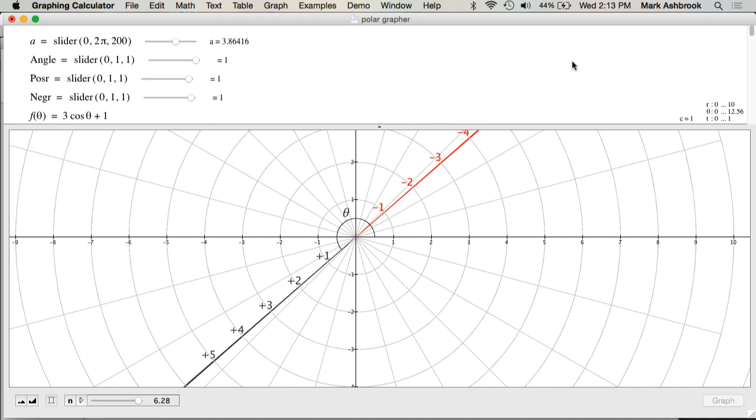You should be looking right there. The angle takes us this way for positive r, but if r is negative 2, then you go back the other way. So this is the point negative 2, 3.86 radians. Does it make sense?